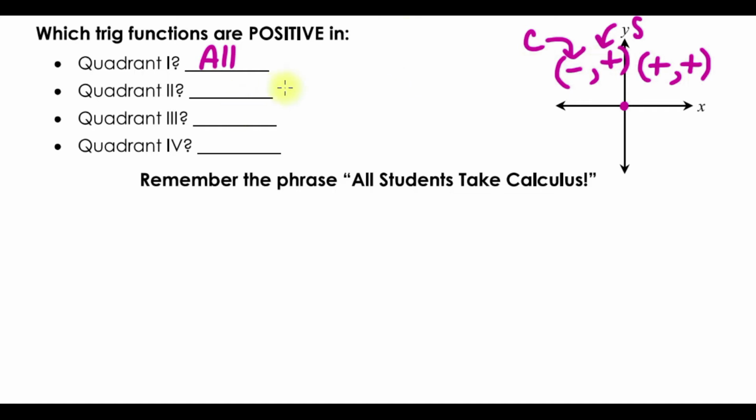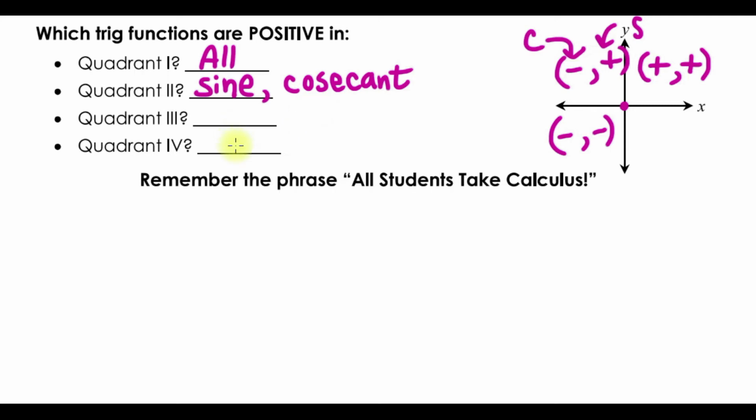In quadrant 2, sine is going to be positive. And then the reciprocal of sine is cosecant. So that's also positive. And then quadrant 3, so here it's going to be negative and then negative. So you go to the left and down. So they're both negative, the x and the y.